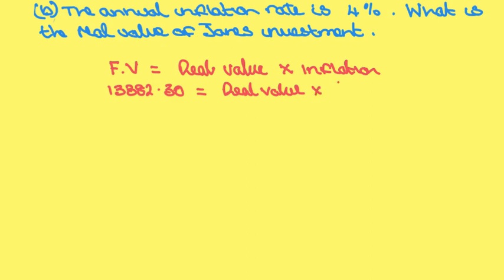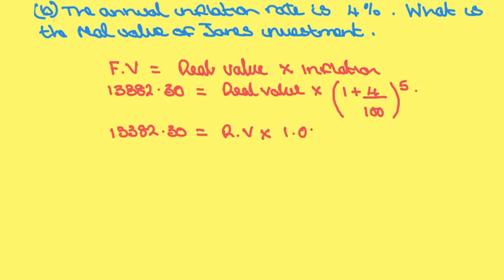We know what the inflation rate is. It's 4%. So we want 1 plus 4 over 100 over the 5 years. So we've got 13,382.30 equals the real value times 1.04 to the power of 5.